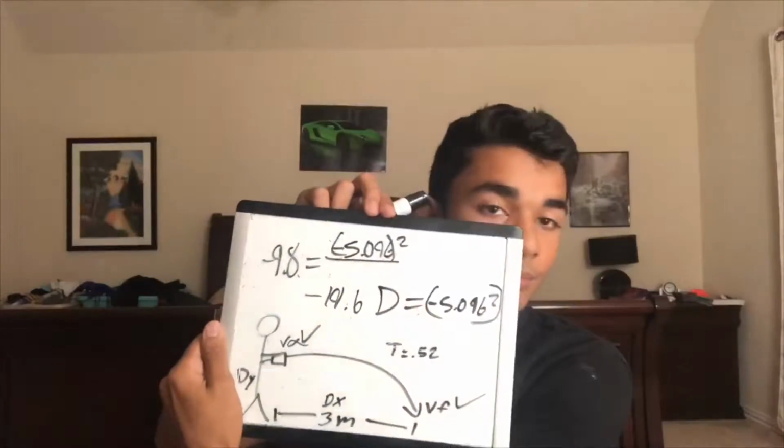Boom. Now, divide both sides by negative 19.6 to isolate the variable of vertical distance. And what do you get? I wonder. Negative 19.6. Plug that into your calculator.